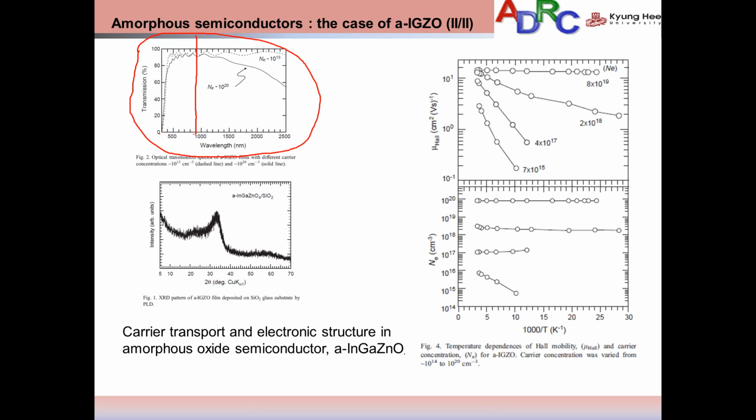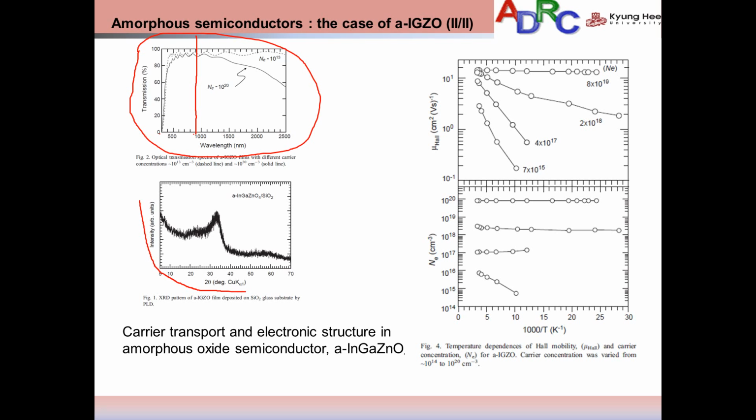This is basically the same for different carrier concentrations, but at higher wavelengths, the transmission is highly dependent.